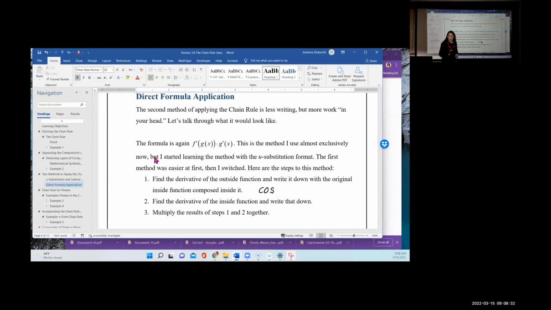So the original, of course, was sine of X squared. You take the derivative of the outside function, which is sine, and that gives you cosine. And then once you have that, you substitute the inside function, which is X squared, back inside of this cosine function.